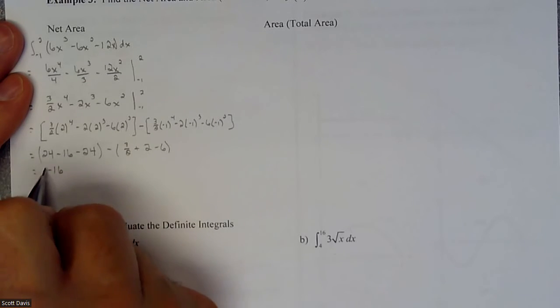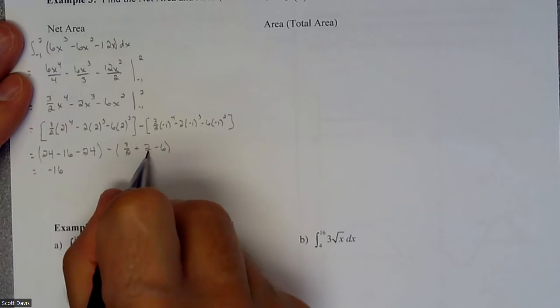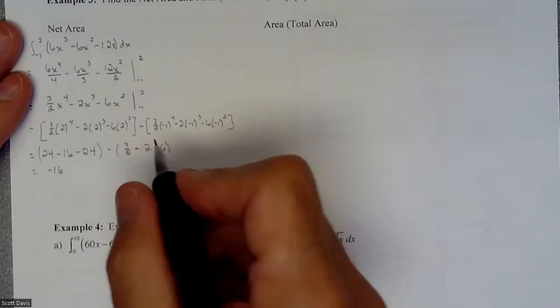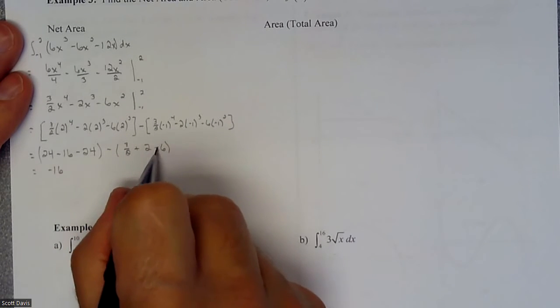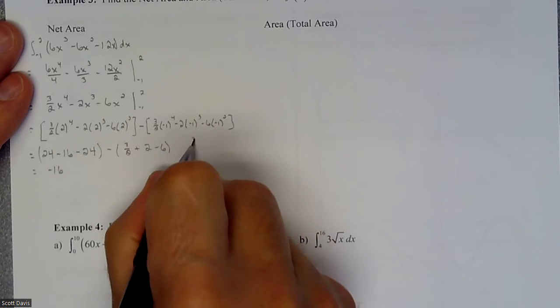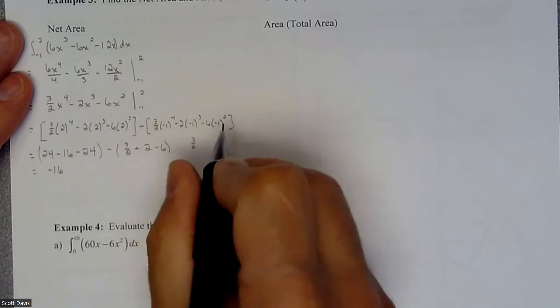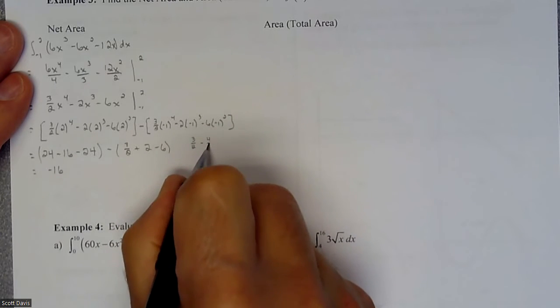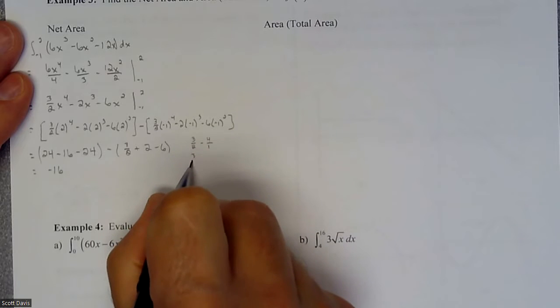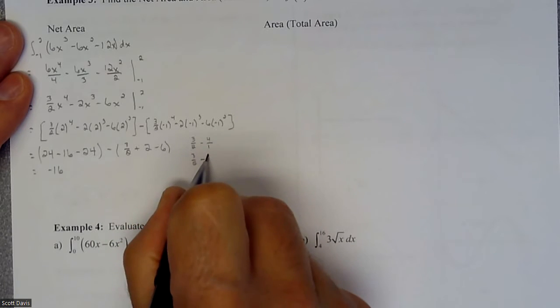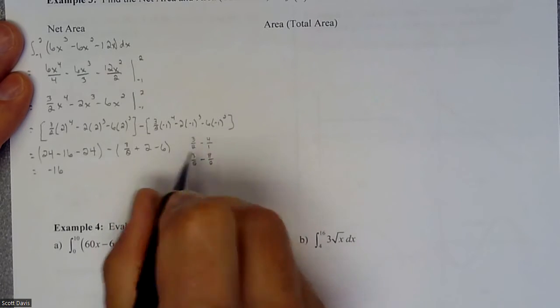All right, so we're looking at 24, but minus a 24, so a -16 on that piece. And then over here we have, let's see, a 2 minus 6 is a -4, so we have a 3/2 minus 4. So that would be a 3/2 minus 8/2, so -5/2.